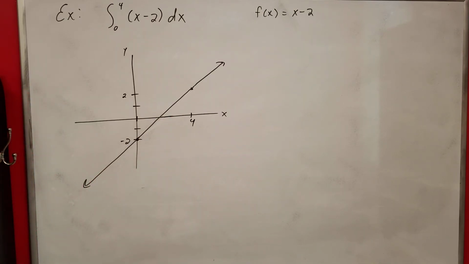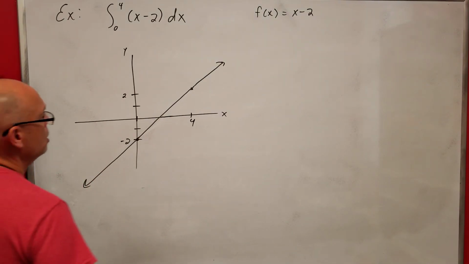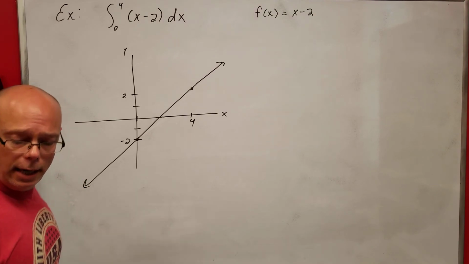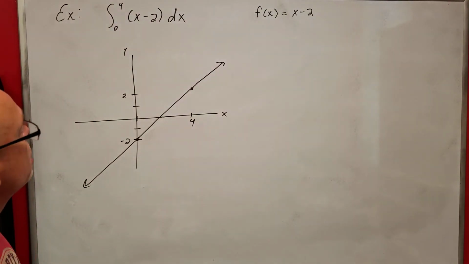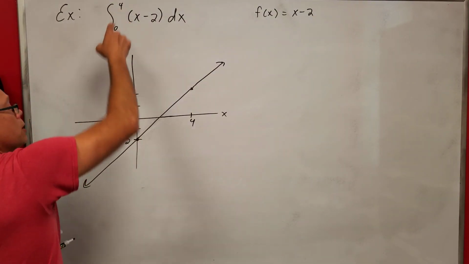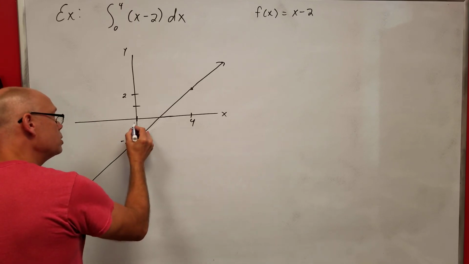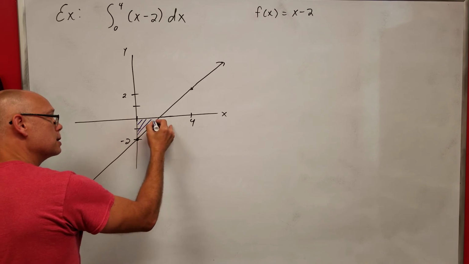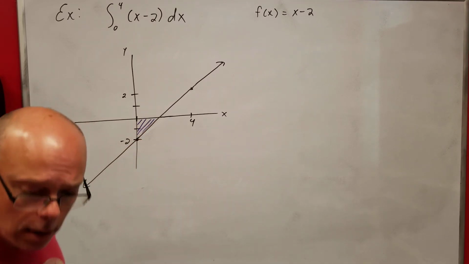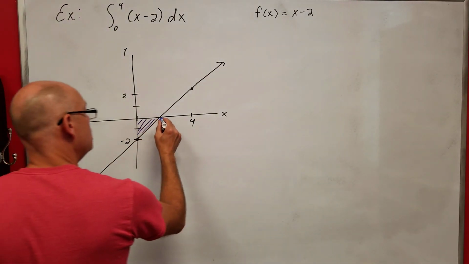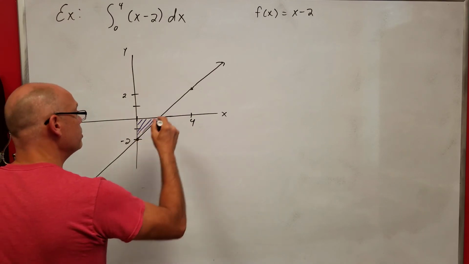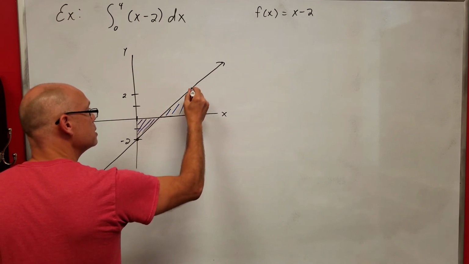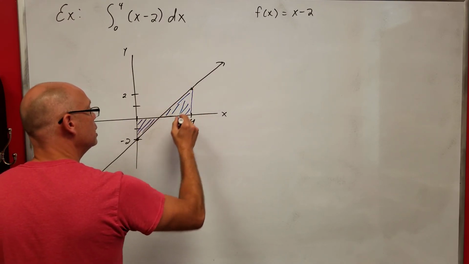Let's see. So I need to find what? The area under the curve between what and what? Between 0 and 4. So between here and here, the area between the curve and the x-axis is this. But between here and here, the area between my curve and my x-axis is right here.